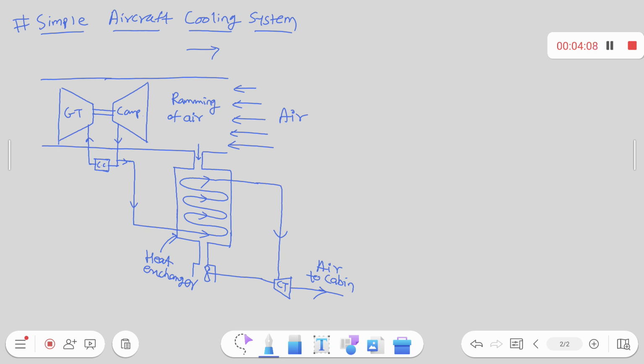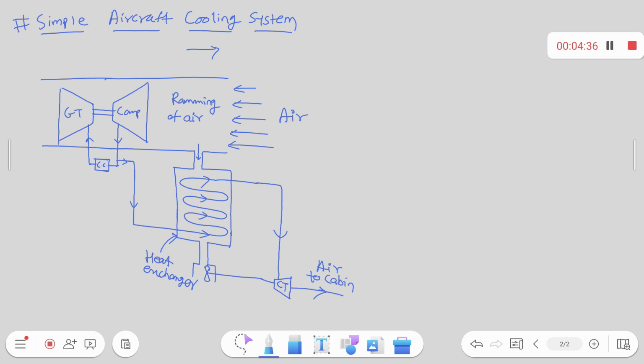After expansion, pressure and temperature will decrease. So that low pressure, low temperature, cold air, we are sending to the cabin, into the aircraft, right? That is how the simple aircraft cooling system, or simple air cooling system, works in case of an aeroplane.